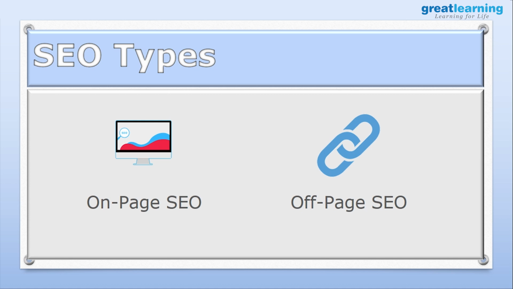So search engines use backlinks as an indication that your content is of good quality and is of high value. So using that metric, the search engine would rank your content higher. So this is the basics of on-page SEO and off-page SEO.